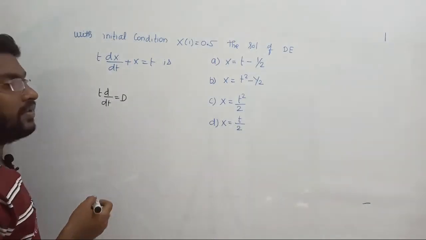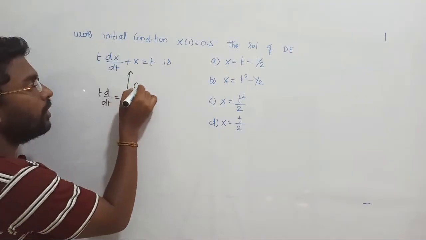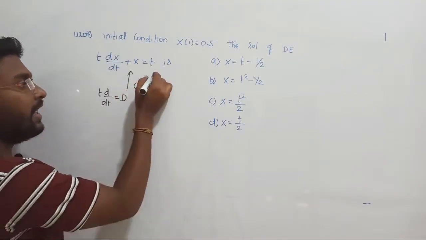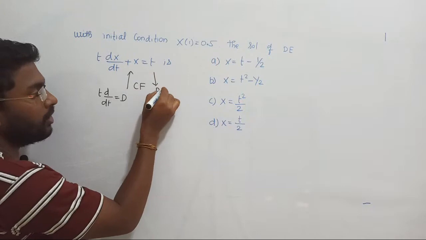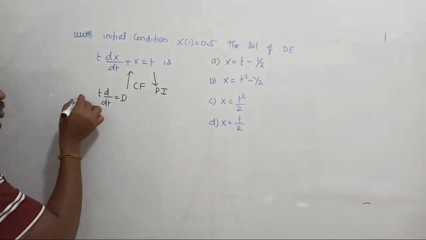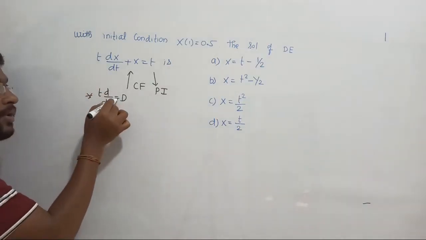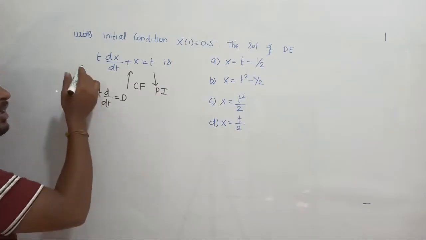In this given question we have two types of solution. First we have to bring the complementary function, as well as find the particular integration. Do you all agree with me? Yes, right? Now what did I say, two things we have to do. First, in the LHS, t into d by dt is replaced by D, and similarly you know how to write when there are many higher order terms.